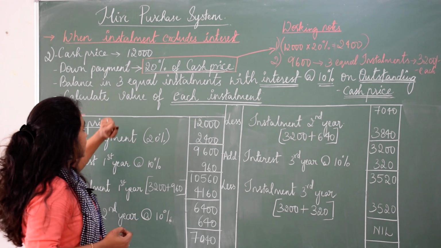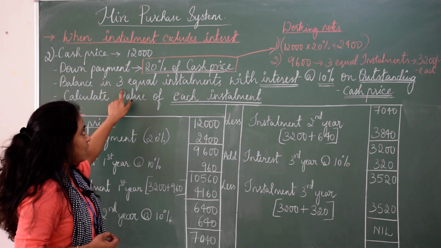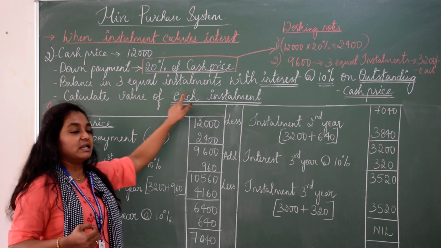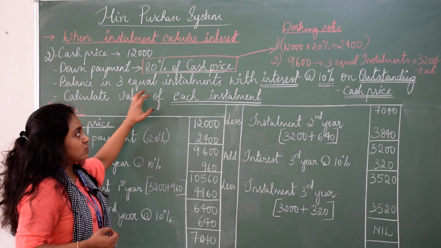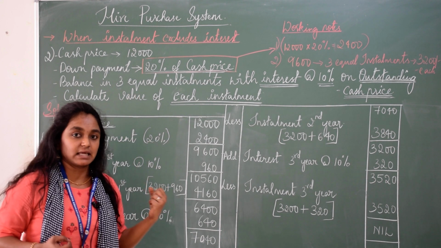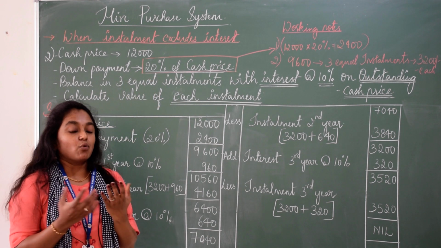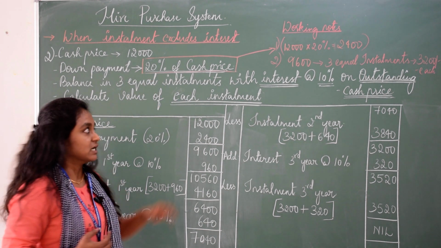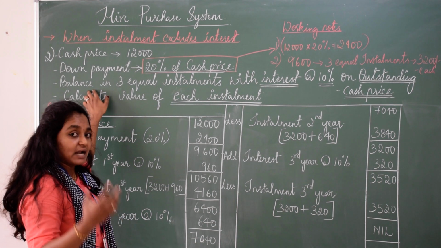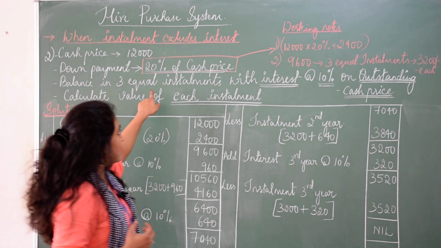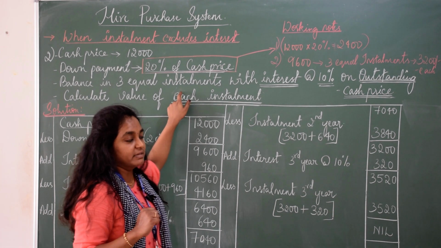Going to the next detail, the balance of the amount will be paid in 3 equal installments. So, they are trying to tell us the balance amount is nothing but cash price minus down payment, whatever balance you are left with. That balance will be paid in 3 equal installments.